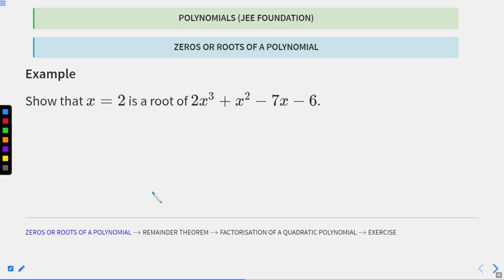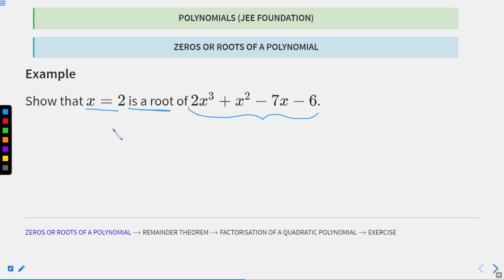Now let's see more examples to polish your concept on zeros of polynomials, or the value of the polynomial at any given point. Here we have to show that x equals 2 is a root of this polynomial.